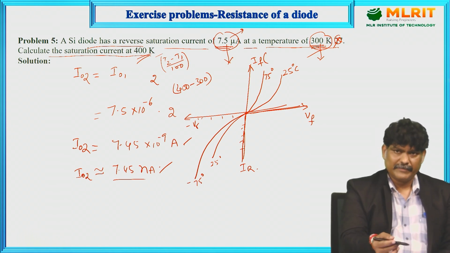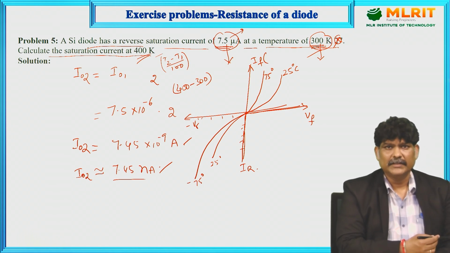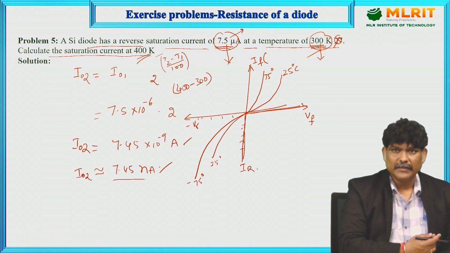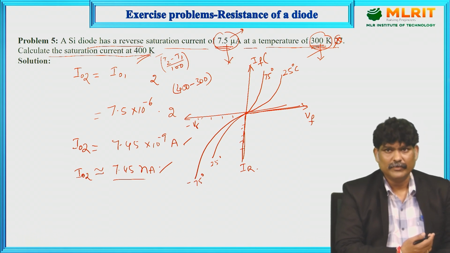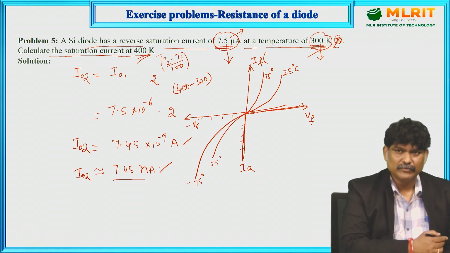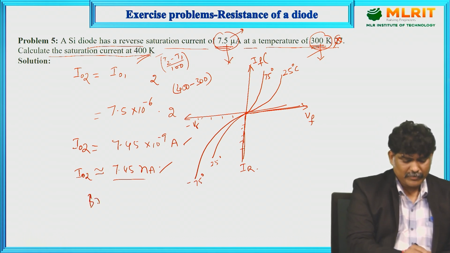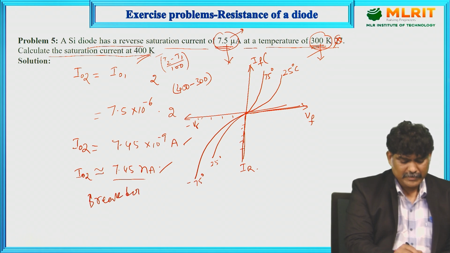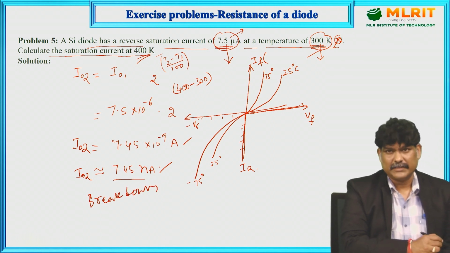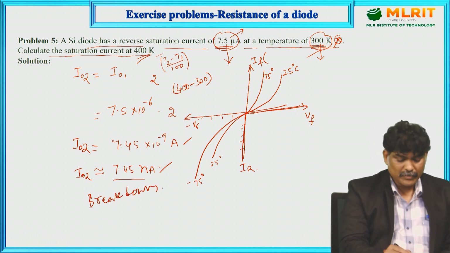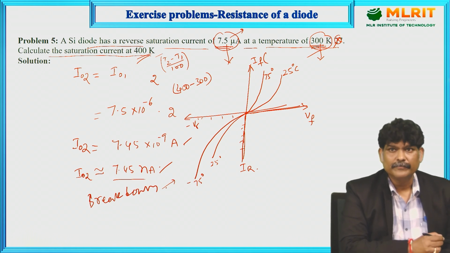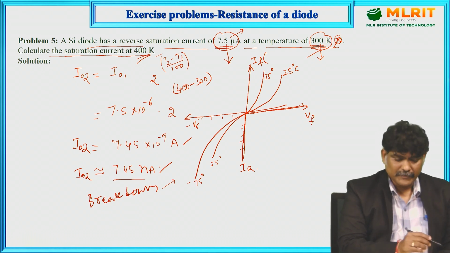So reverse saturation current increases means there is a chance of breakdown, because a diode cannot be operated in reverse bias. If you give too much reverse voltage, there is a chance of breakdown. So once breakdown takes place, your diode gets spoiled. Therefore we have to give proper temperature.